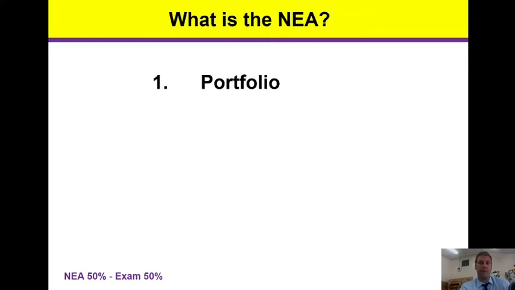The NEA is a portfolio of work that will show your teachers how you investigated a specific need, problem or opportunity, and how you developed and tested a prototype that would solve that specific need. It must reflect how things happen in real time, what your teachers will refer to as a chronological portfolio.